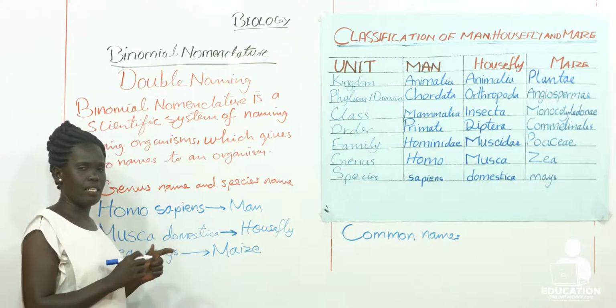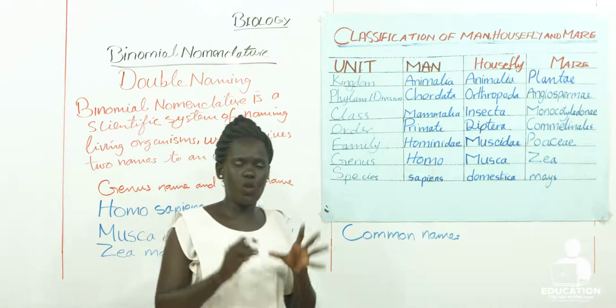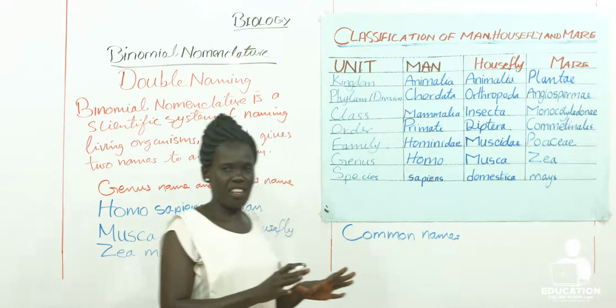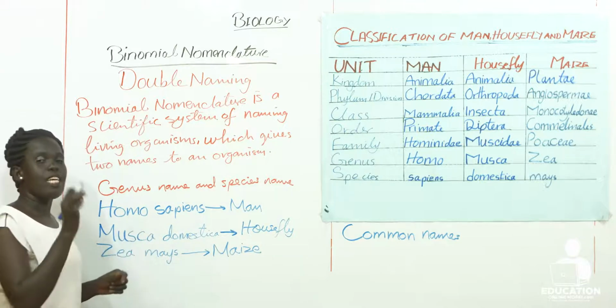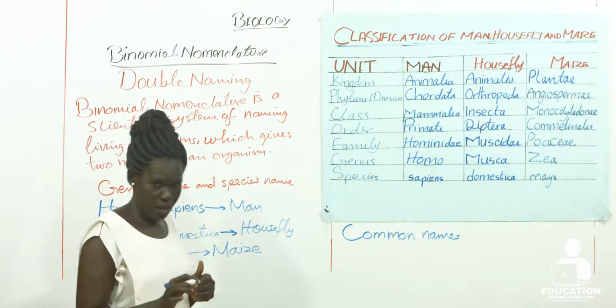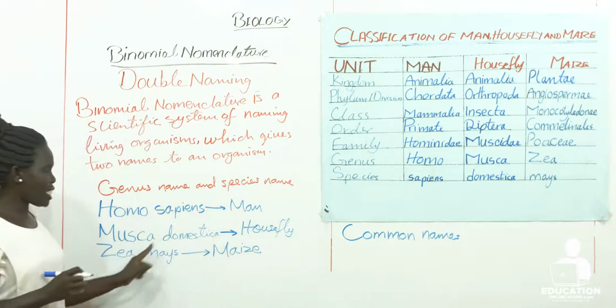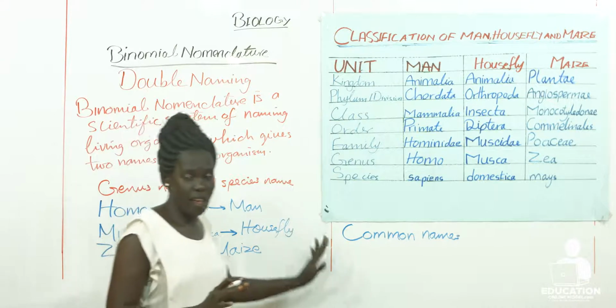Any biologist, whether from South Sudan, from the US, from South Africa, when you say Homo sapiens, he knows you mean the human being. When you say Musca domestica, automatically he knows you mean housefly.